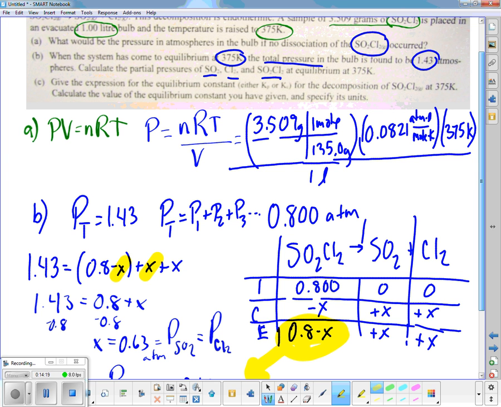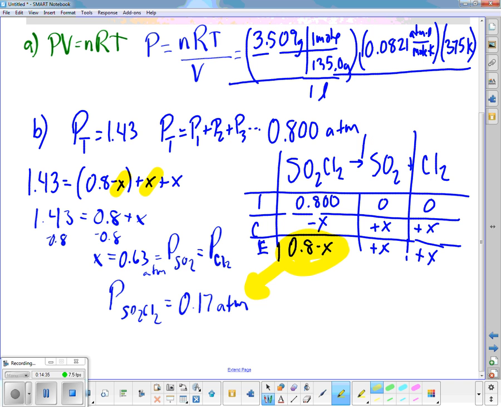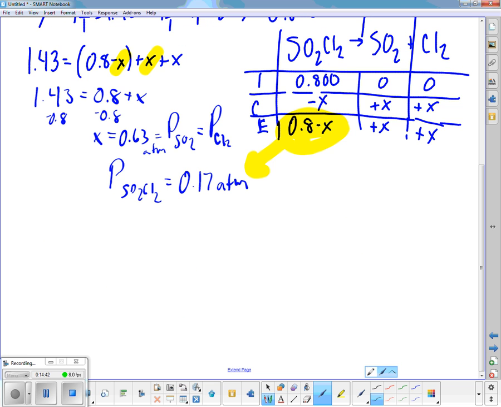So next one: give the expression for the equilibrium constant, Kp or Kc, for the decomposition of this. Calculate the value for the equilibrium constant you have given and specify the units. Since I've already got the pressures, I would do Kp, just because it's easier right now. I would set up Kp because they usually give you a point for just setting it up.